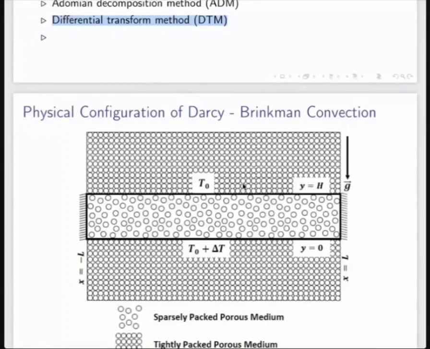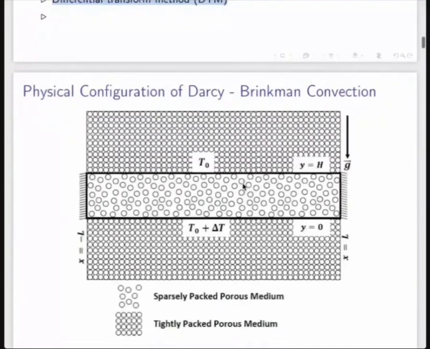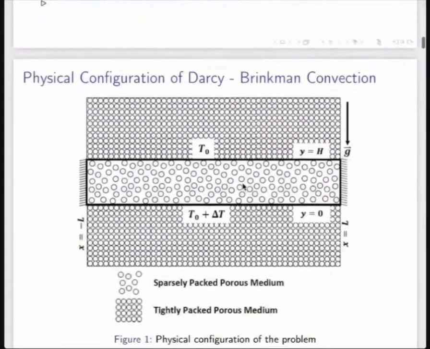So what I considered here is a Darcy-Brinkman convection problem in an enclosure, having sides at y equal to 0, y equal to h, and the lateral sides at x equal to minus L and x equal to plus L. So the origin is situated at the midpoint of the lower horizontal plate, you could say.